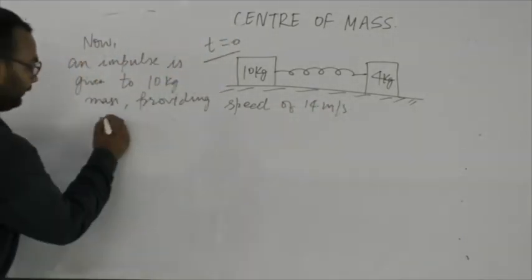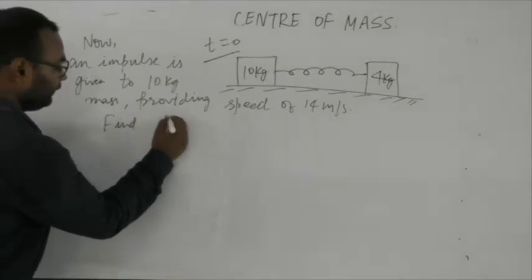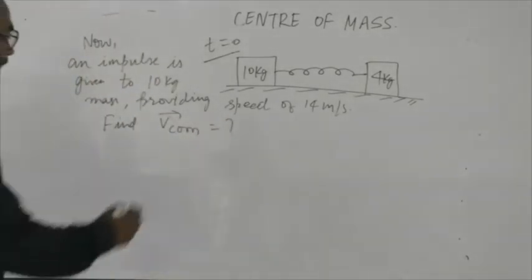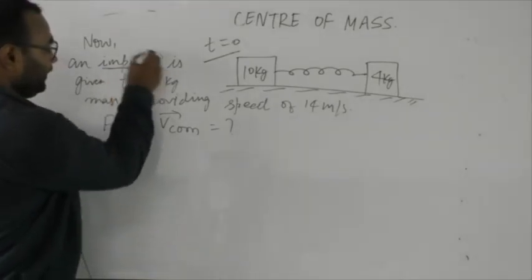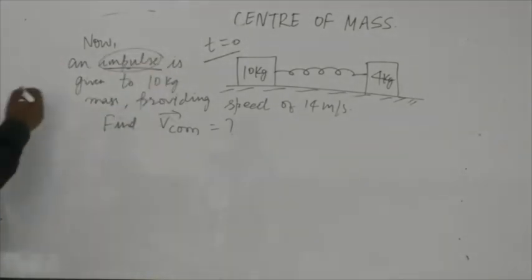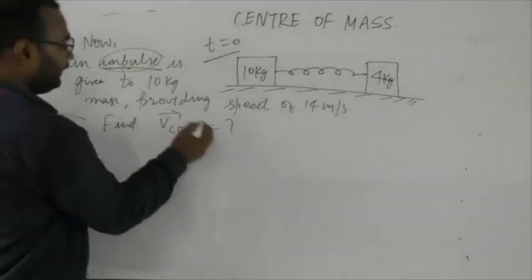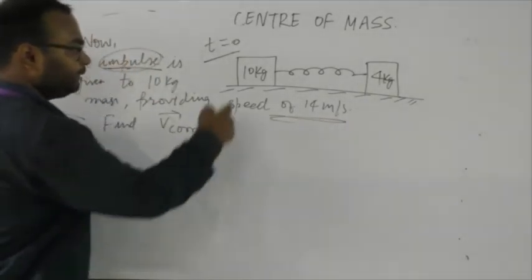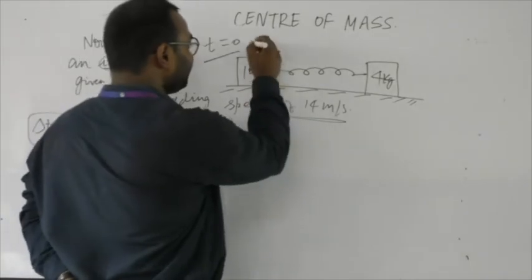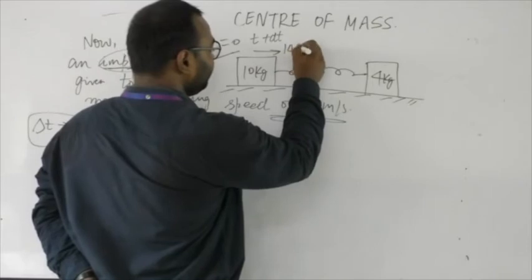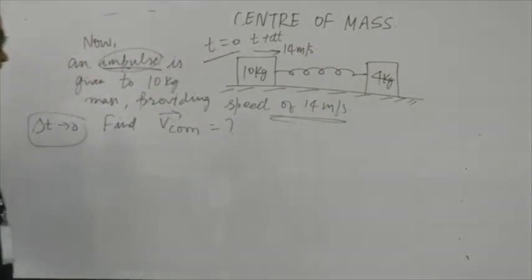You have to find what the velocity of the center of mass will be. Now, impulse is a very short-term force, for which delta t tends to 0. The force is given to provide 14 meter per second to the 10 kg mass. That means at just t plus dt time, this 10 kg block will achieve 14 meter per second.